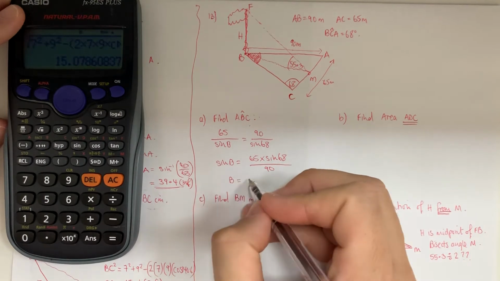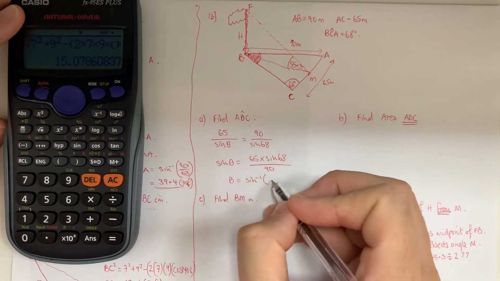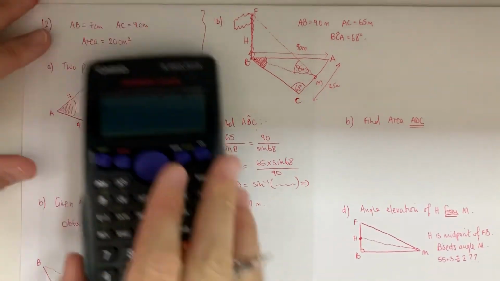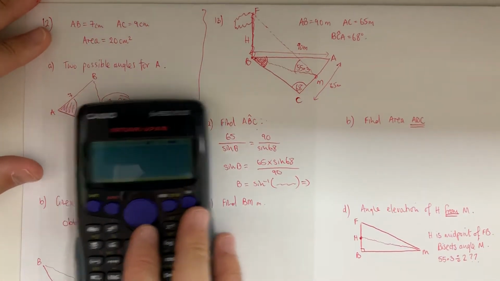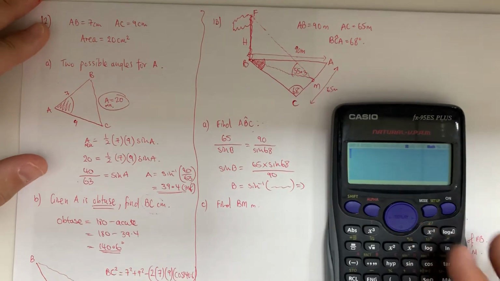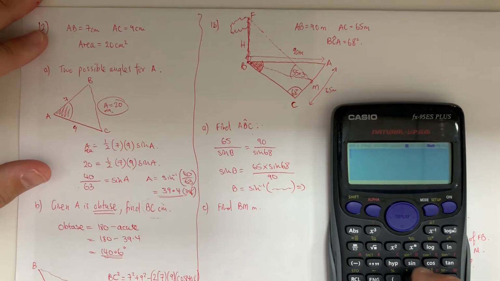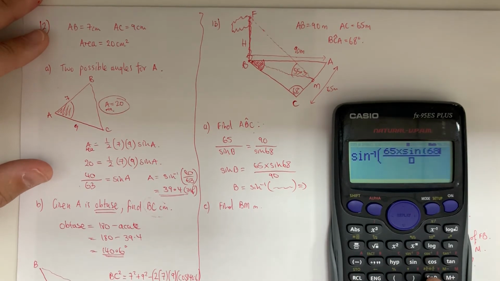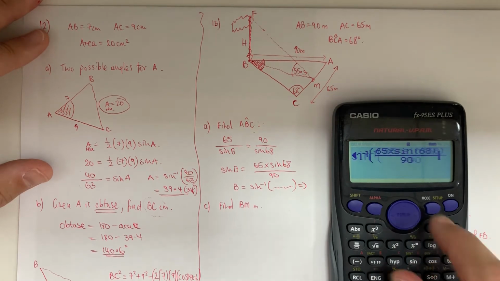So B is equal to inverse sine of all of that. So put that in over here. Inverse sine, fraction 65 times sine 68 over 90.